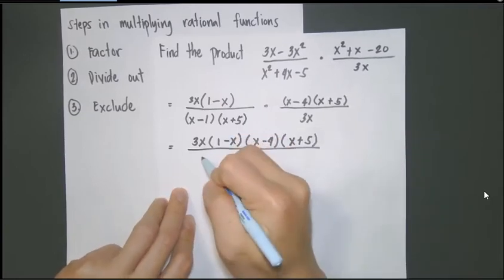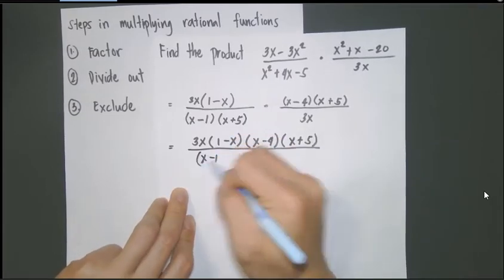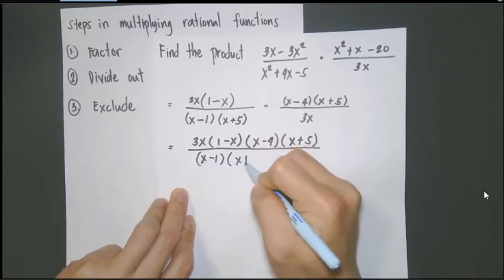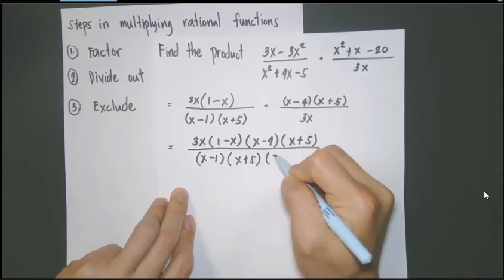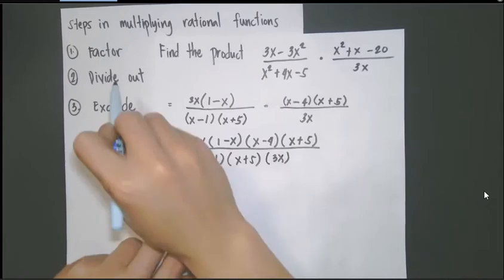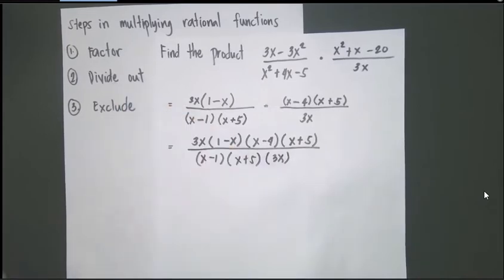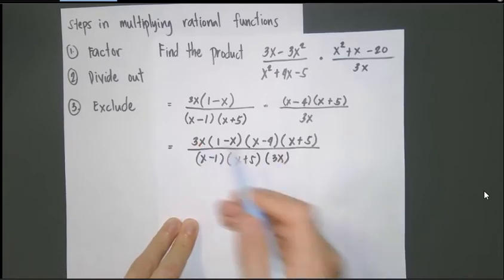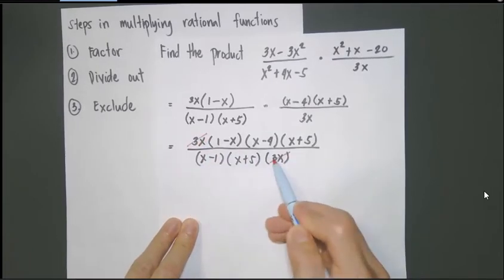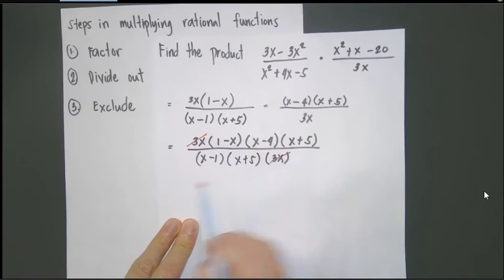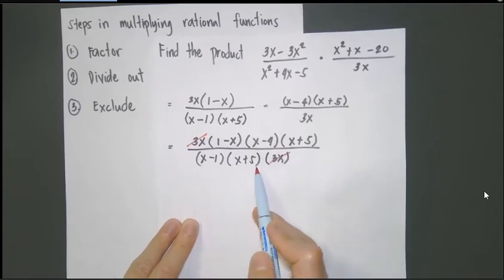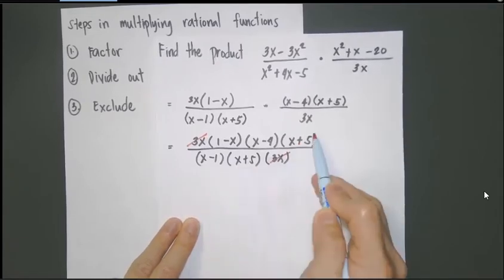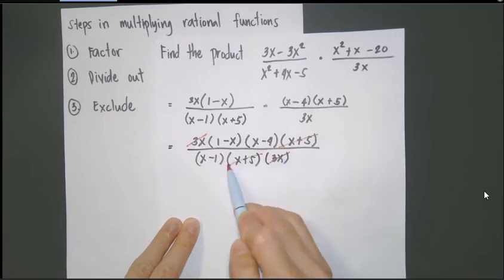Now the denominator, you'll have x minus 1 multiplied by x plus 5 multiplied by 3x. Now you want to divide out common factors. We have here 3x, so those two cancel out. You have here x plus 5, so we cancel them out.